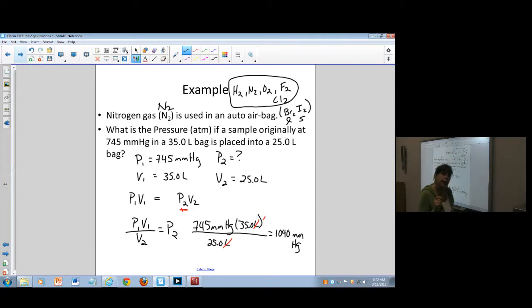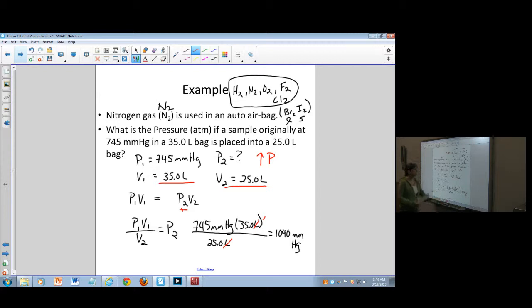Now, I should do this every time before I start, but I wanted to make a point here. My first thing when I start, I need to think to myself, well, I lowered the volume from the original container, and so what do I expect? I expect an increase in pressure, right?